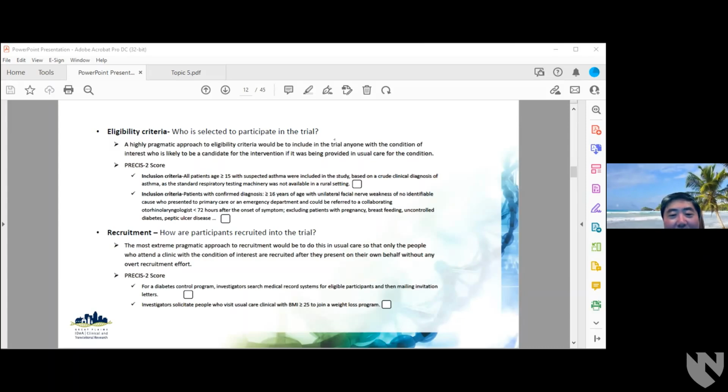How do you think about how pragmatic it is to find individual medical record system information? In the usual clinical care setting, are you able to search the medical record system?